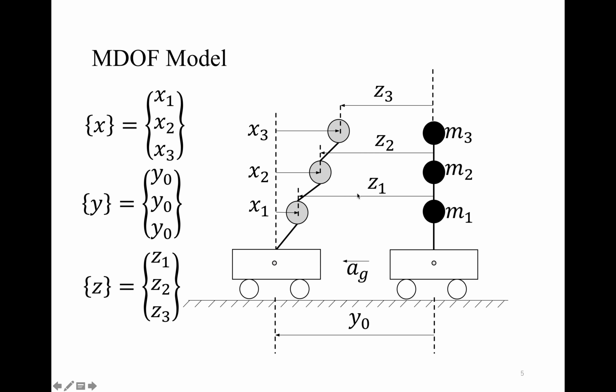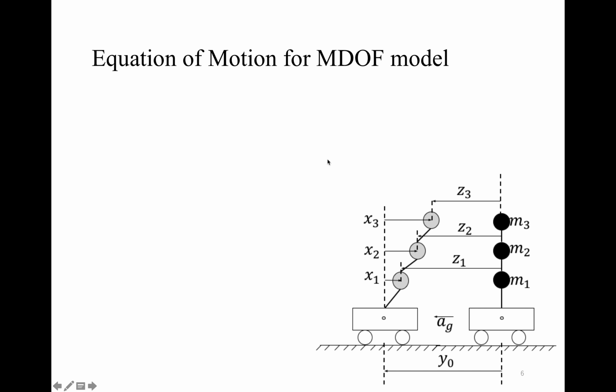So z is z1, z2, z3, and we can say that z equals y minus x, because z1 equals y0 minus x1, z2 is y0 minus x2, and z3 is y0 minus x3.